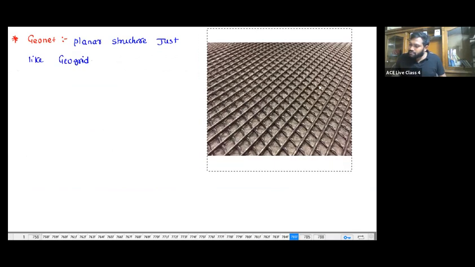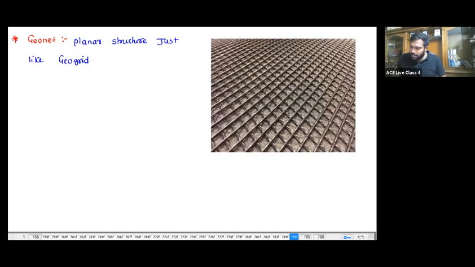In the case of the GeoNet, you can see diamond-shaped aperture openings. Diamond shape apertures. So in the case of GeoNet, it's nothing but a planar structure, just like GeoGrid.